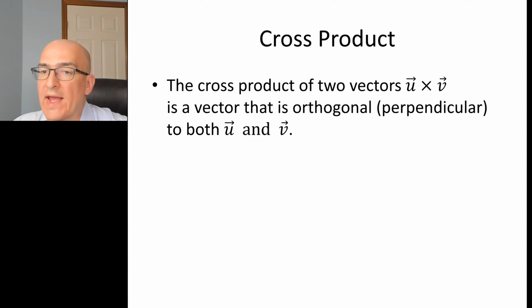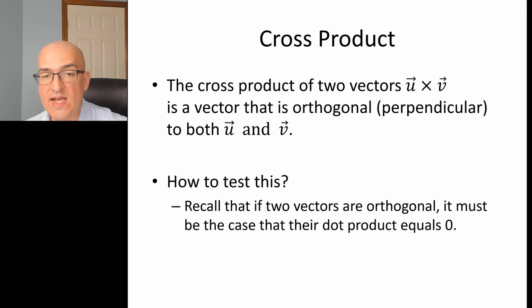Okay, it turns out that this vector that's created from these two input vectors, so the new vector that comes out of this operation, will always be 90 degrees or orthogonal to both of the input vectors, both of the things that we combine to make this new vector through the cross product. We test this nice property of cross products by using the dot product. We take this resulting vector that we get from doing the cross product and then dot it with the input vector u and separately dot it with the input vector v.